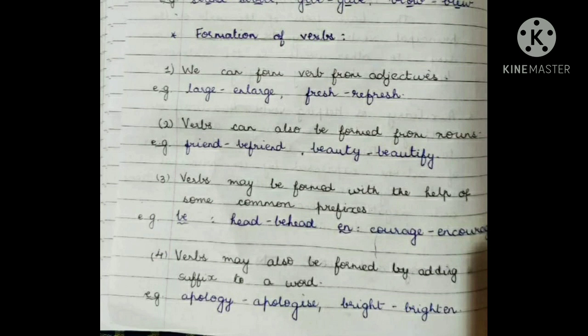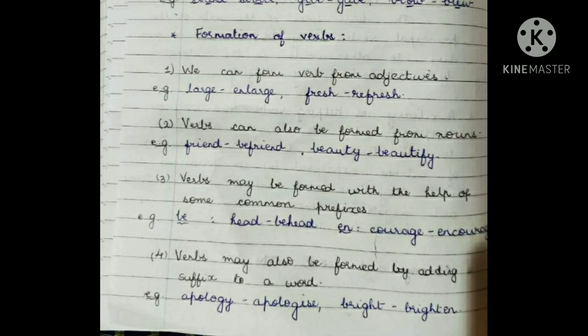Then verbs may be formed with the help of some common prefixes, that is, by adding some words like be. If we add be to a word like head, then the verb form becomes behead. Then if we add en to the word courage, which is a noun, it becomes encourage, which is the verb form. Now verbs may also be formed by adding a suffix to a word.